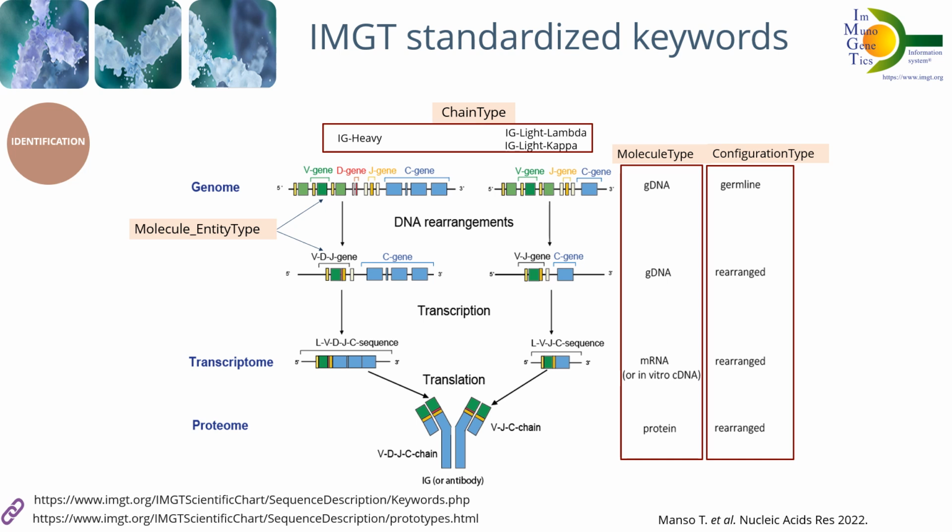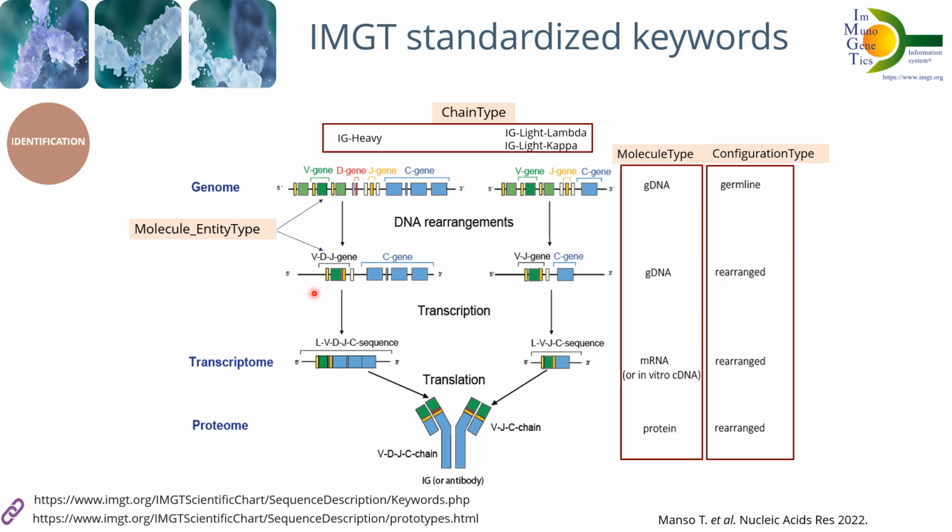We are starting with the concept of identification. On this slide are shown the different steps of immunoglobulin synthesis in humans. We have defined molecular entities which identify genes and rare sequences at any step of this synthesis, in relation with the type of molecule in which they can be identified, gDNA, mRNA or cDNA, or proteins, and in relation with the type of configuration, which is germline before any recombination of V, D, J, or V and J genes, or rearranged otherwise.